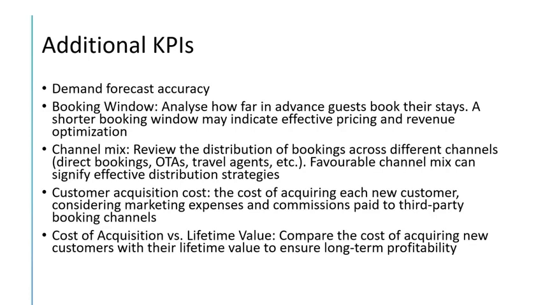You have to understand where the majority of your business is coming from, which particular OTAs. And you study the associated commission and see whether you can direct some of those bookings to your direct channel, etc. And we saw in the strategic pricing and management of distribution channels chapter that a favorable channel mix can signify effective distribution strategies.